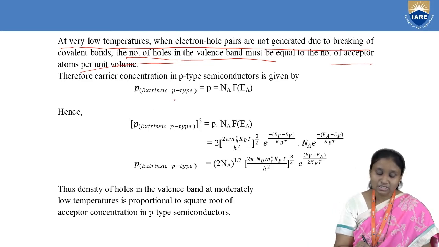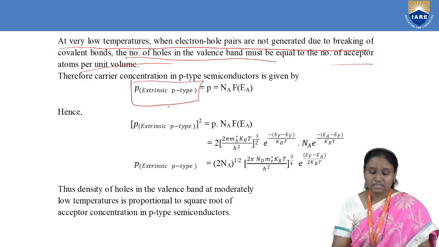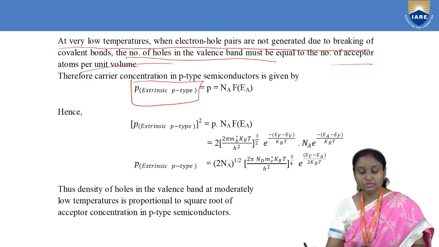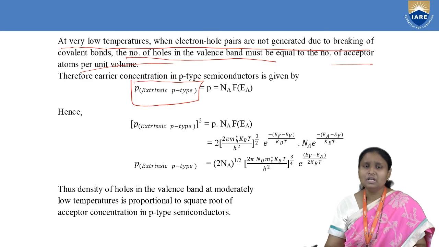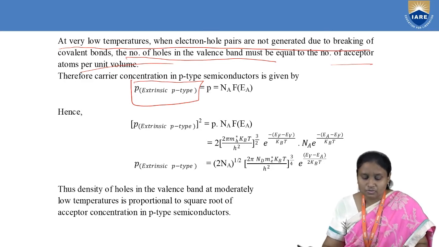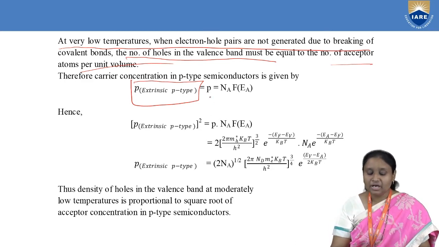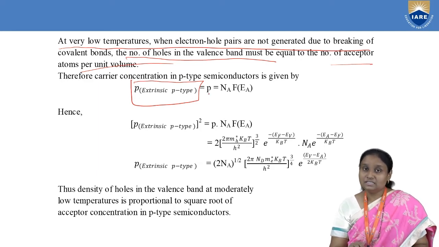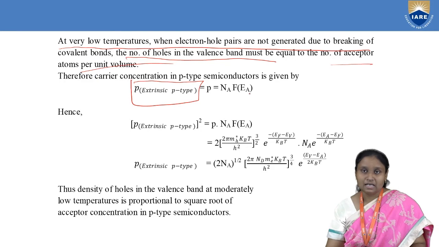It is given as P extrinsic p-type, where P stands for density of holes in the extrinsic semiconductor. Because majority charge carriers are holes, it is nothing but density of holes in the valence band, which is equal to density of ionized acceptors.